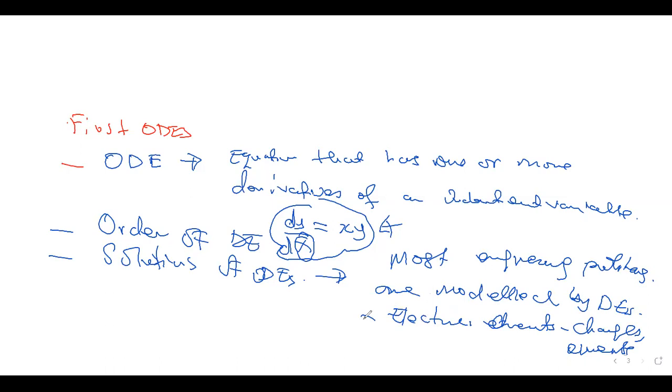They all follow DEs. For example, you can have something like L dI/dt plus R I maybe equal to 0, okay? So I is the current, L is the inductance, okay?